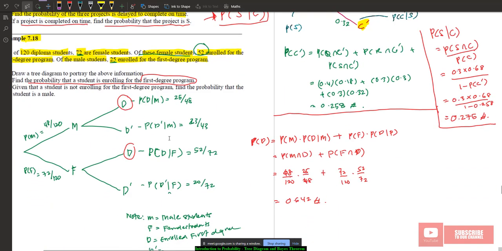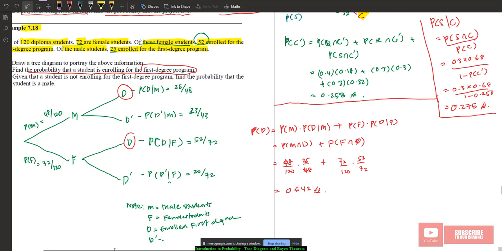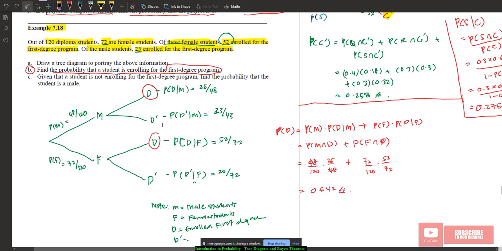Now look at example number 7.18. We already drew the tree diagram. We already found the probability of a student enrolling for the first degree program, which is 0.64. The last question is, given that a student is not enrolling for the first degree program, find the probability that the student is male.